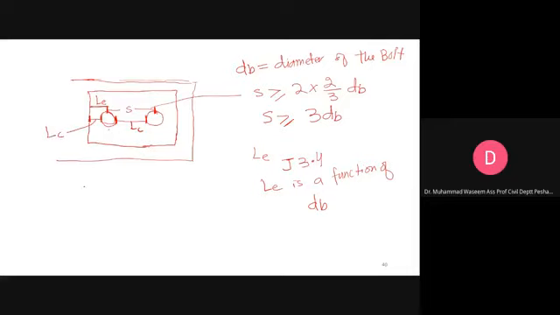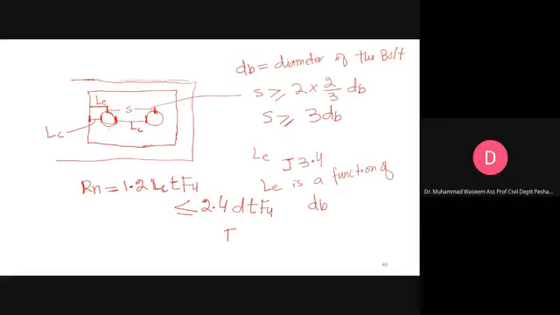In order to evaluate the bearing strength, so that the plate does not fail in bearing, you have to evaluate this. Rn is equal to 1.2 LC times t times Fu, and there is an upper limit on this equation. It should always be less than 2.4 d t Fu.